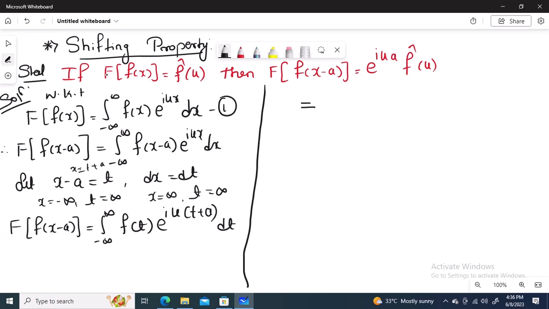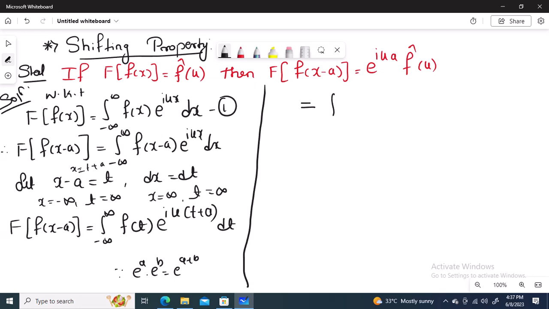e^(iut) into e^(iua), because we know the rule: e^a into e^b is e^(a+b). So e^(iut) into e^(iua) we have to write. Since we are integrating with respect to t, e^(iua) becomes a constant, so I'll take it outside.